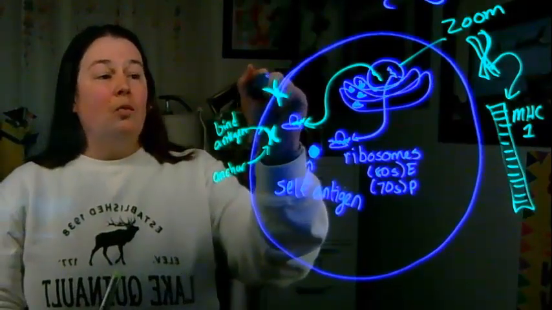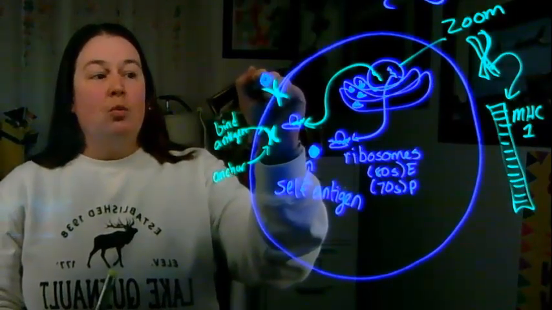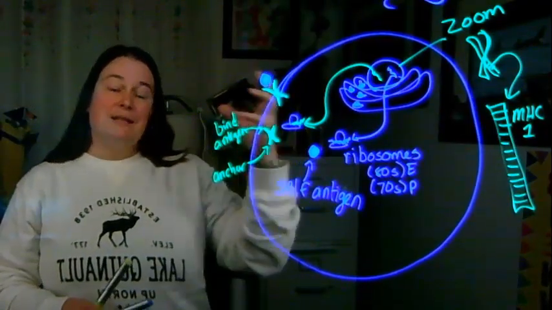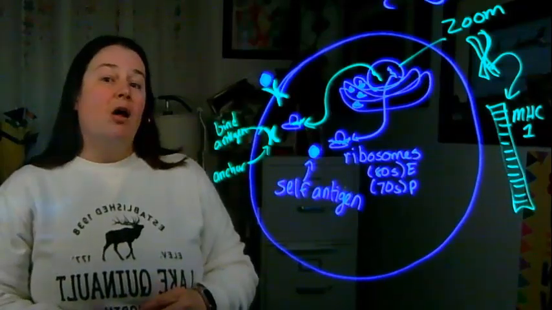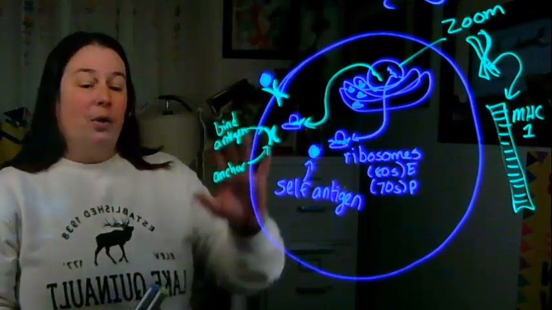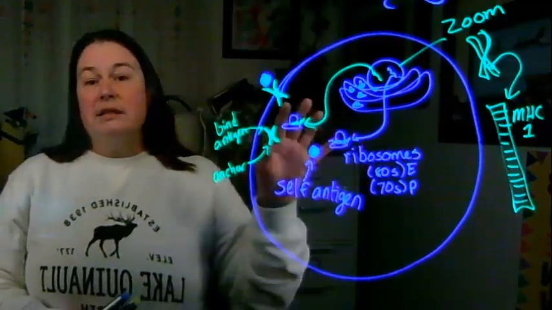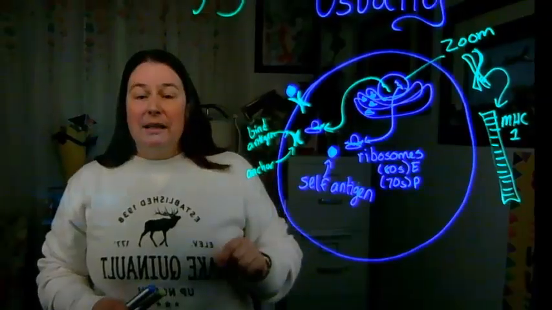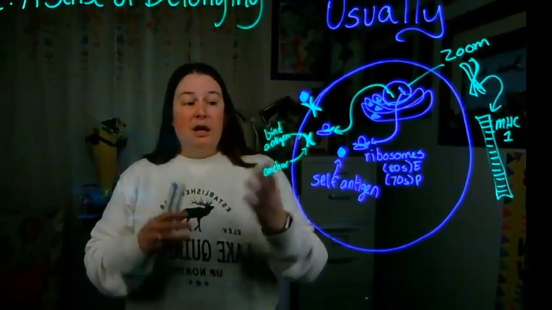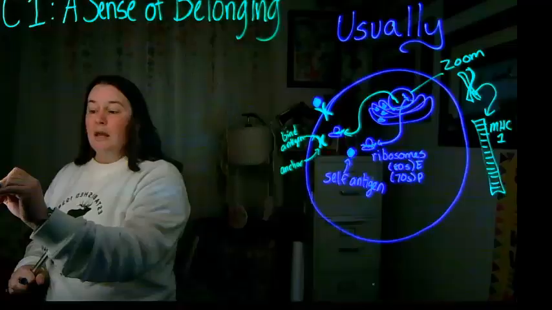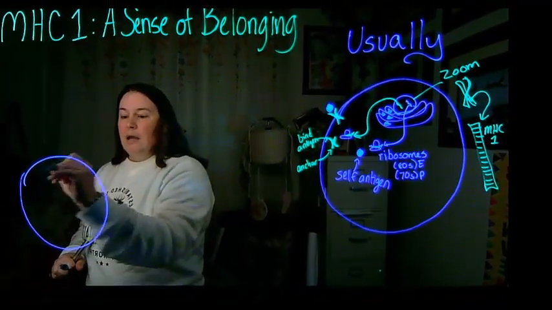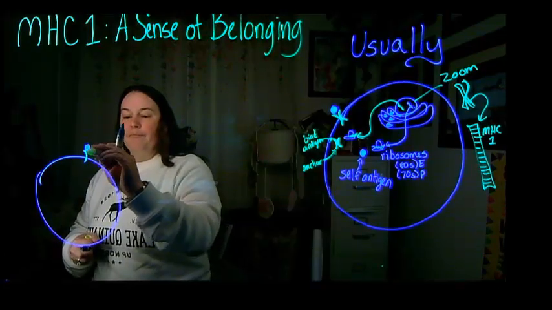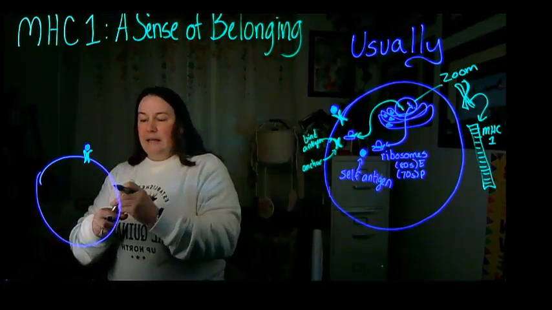And so the MHC1 flagpole, that marker, will present this antigen on the surface of its cell to remind everything else. So in this picture that I just drew, I very intentionally drew the cell in blue and used the blue ball as an indicator of self so that other cells who are doing the same thing can be headed around and they can all be wearing their ball antigen that indicates that I am self.